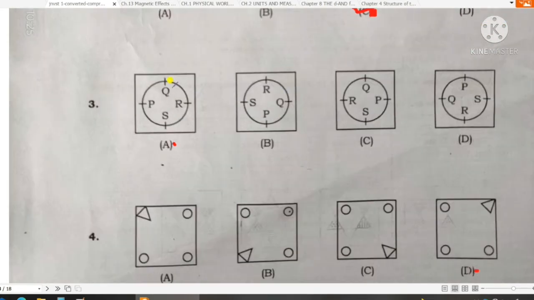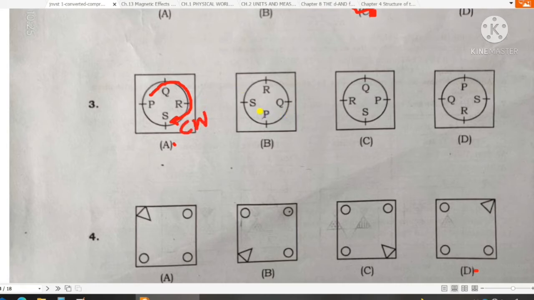Now here you can see P, Q, R, S, four persons sitting at a round circular table. The way of sitting is different. You have to identify the different style. If you go from P to Q to R to S here, this is a clockwise pattern.